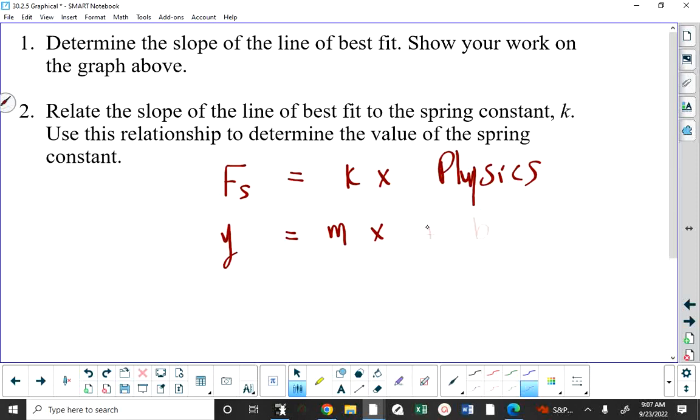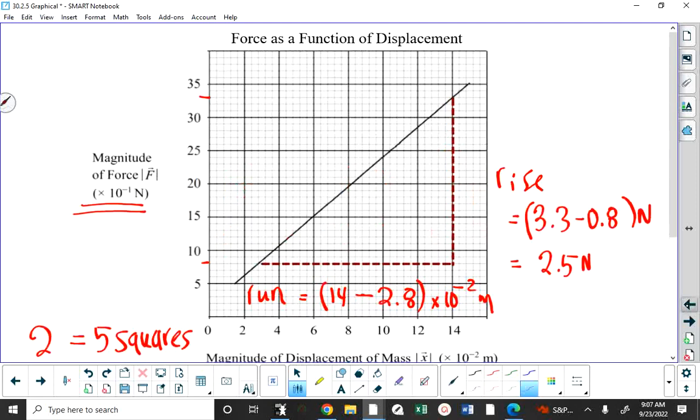In theory, if you don't apply a force to the spring, it will not stretch. I think that's reasonable. But this is an experiment. And if I were to extend this line, this line does not go through the origin.